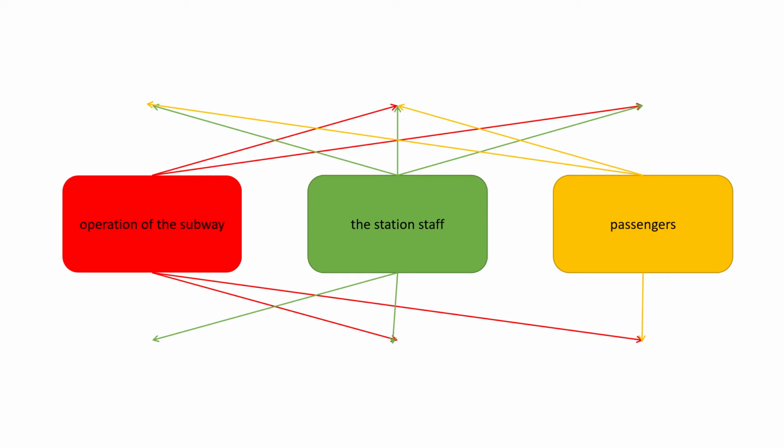So we divided the subjects into three categories, and we can combine them to form the functions we need. For example, the station staff need the broadcast to tell the passengers the real-time information or the emergency. And the passengers also need a broadcast to observe this information from the station staff or the train.